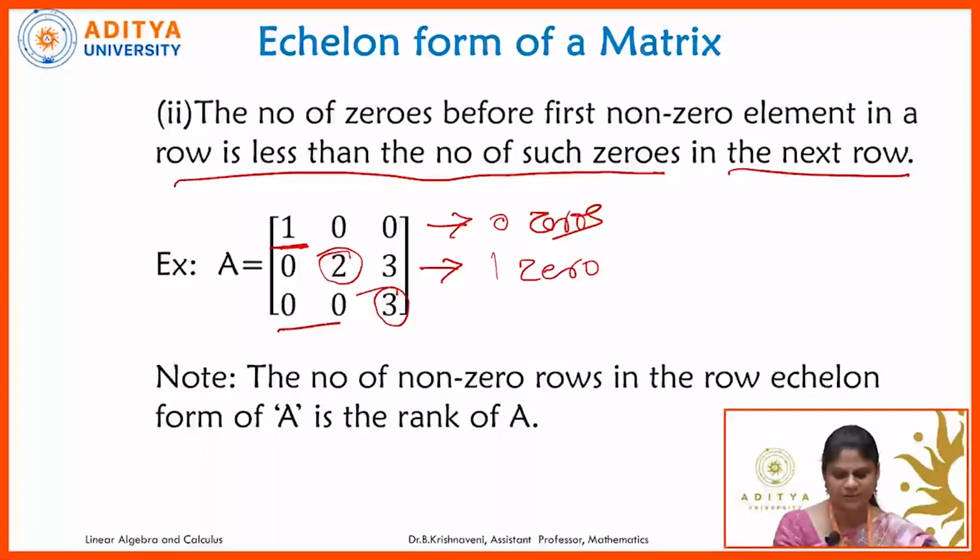Before it, how many zeros are there? Two zeros. Now you can see that the number of zeros before the first non-zero element in a row is less than the number of such zeros in the next row. In the first row there are no zeros, in the next row the zeros increase to 1, and in the next row they increase to 2. This gives the second property.